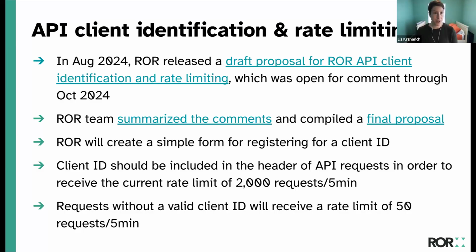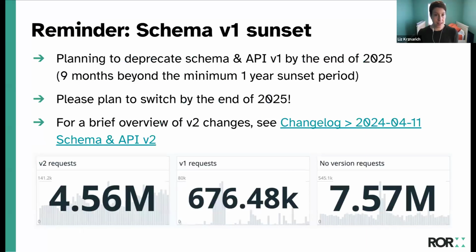It's not intended to limit access to the API. There's no actual login feature. We're not talking about differential, paid tiers of service. It's just giving us a little better control to manage traffic. And that's it. We're just continuing work on that.